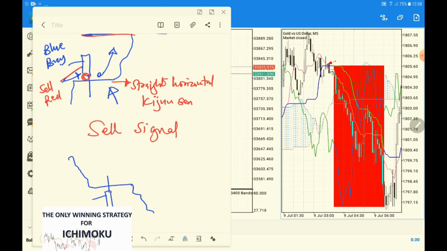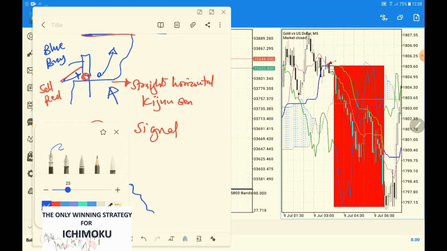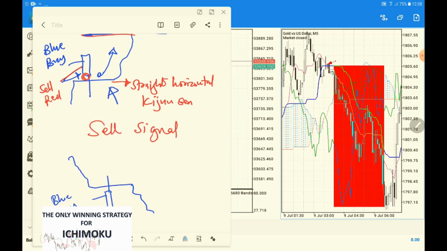It doesn't matter whether it is a blue or buy candle or a red or sell candle. It just has to break above it but close below it, and then we have our sell signals.